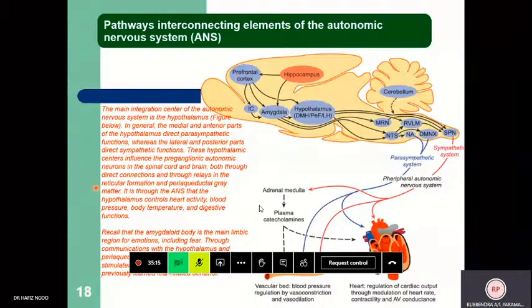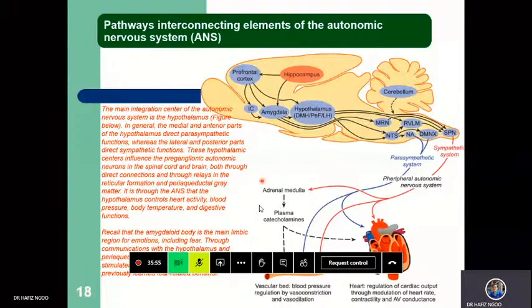Sorry, doctor, for examination purposes, are we supposed to know all these areas and the connections? No. You generally just need to know that the hypothalamus has an influence over the sympathetic and parasympathetic nervous system. Basically, it has an influence over autonomic function, because sometimes we don't know where the autonomic nervous system starts. It actually starts from the prefrontal cortex, and all these influence the sympathetic and parasympathetic nervous system.